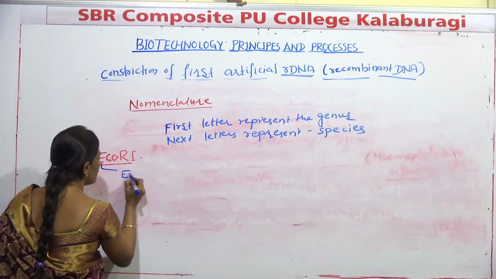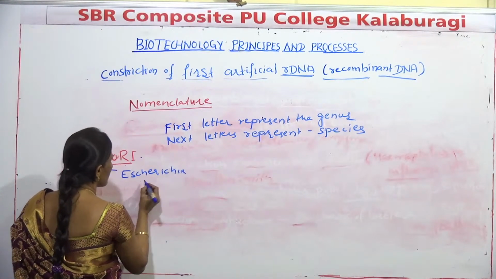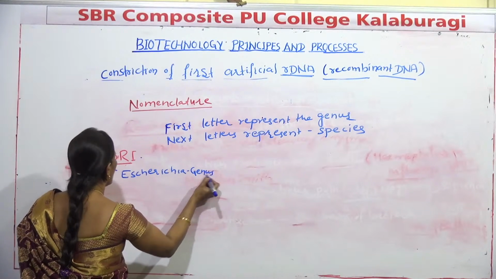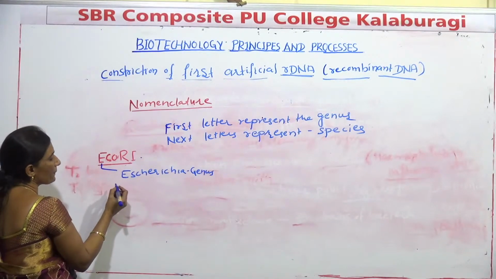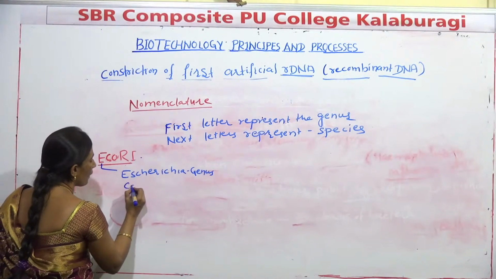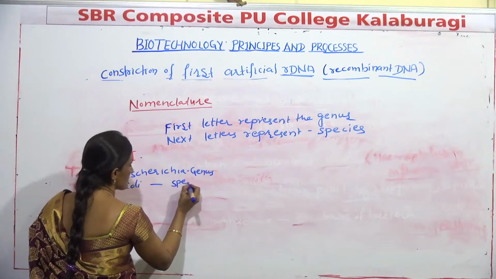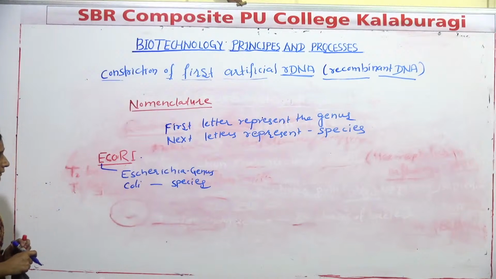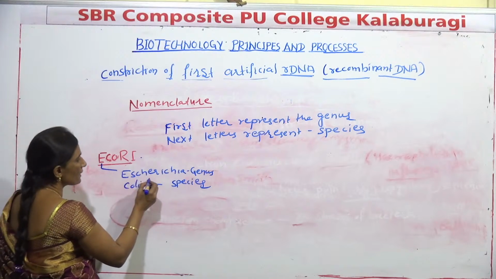E represents Escherichia. Escherichia is a genus. Two more letters: what are those? CO. It represents coli. It is a species. Is it clear? So here the first one is Escherichia, the genus.